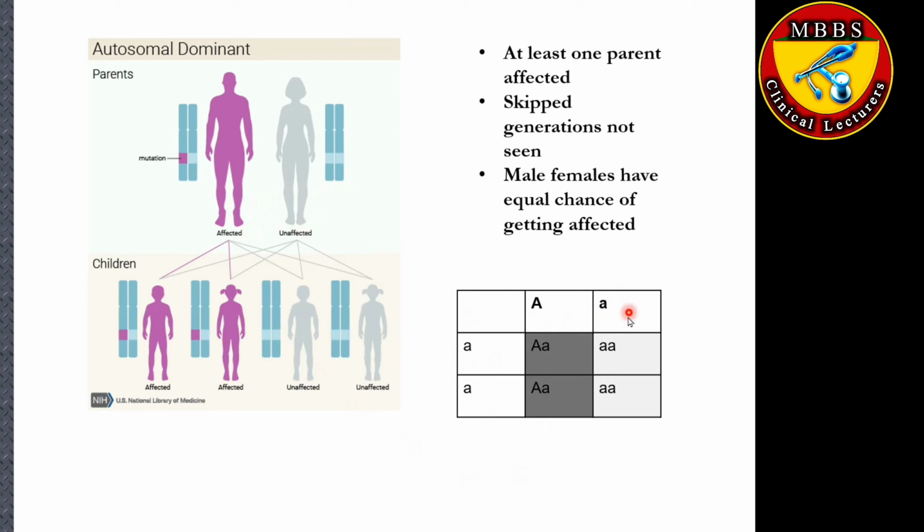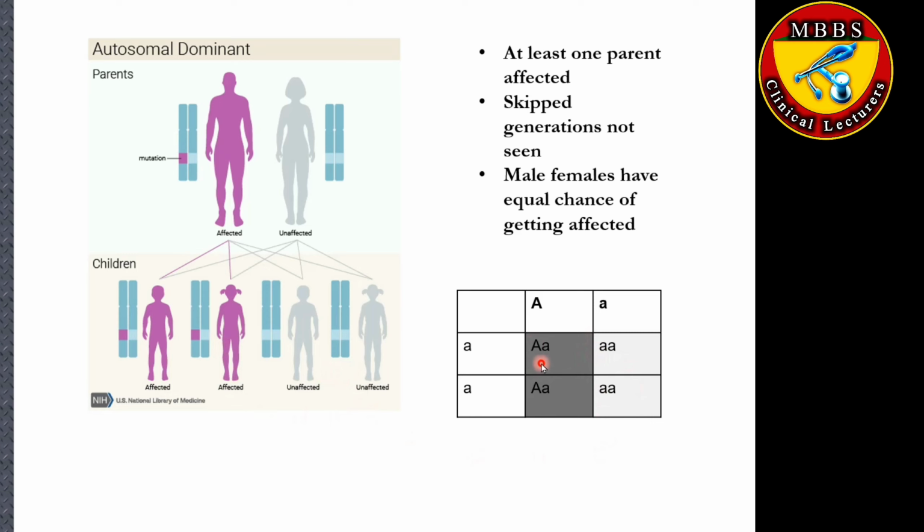This is the affected one. So when we cross, we see that 50% of the offspring have the disease. They are affected. See, these are affected. This is affected. 50% are affected and 50% are not affected.